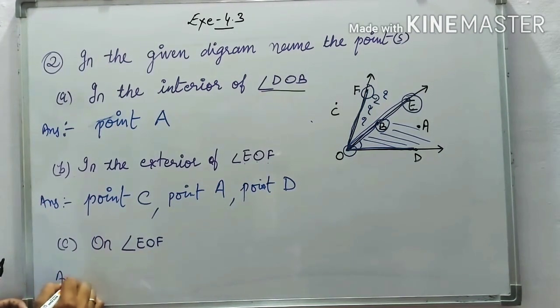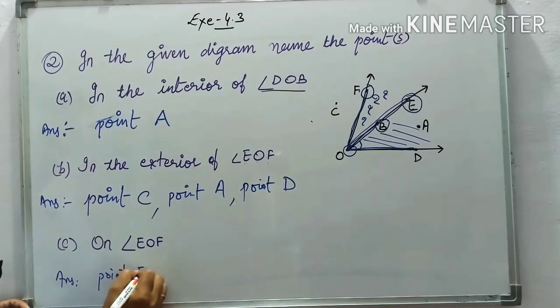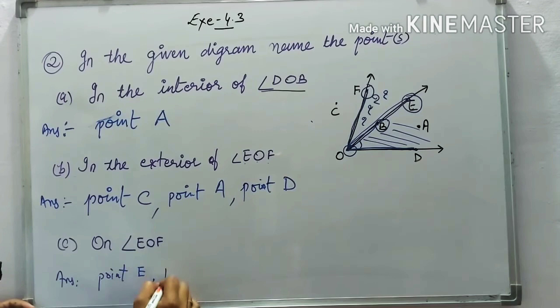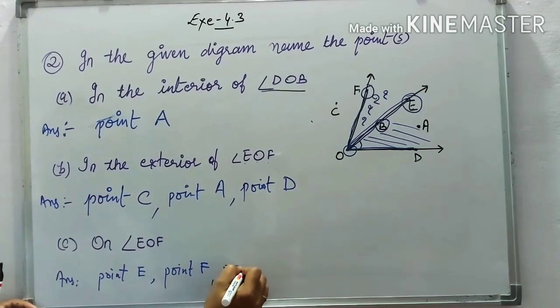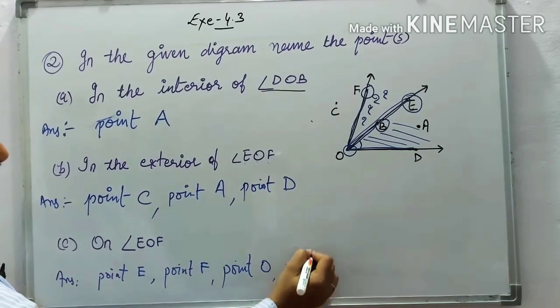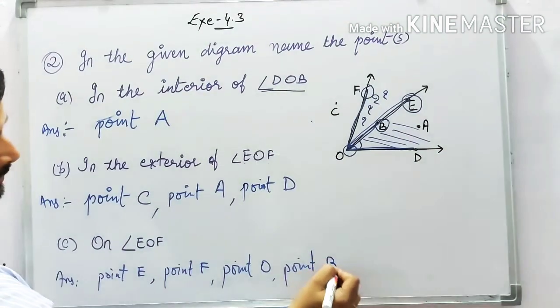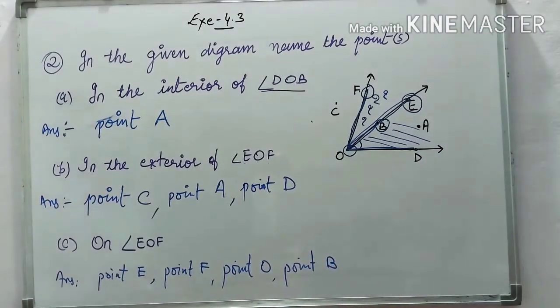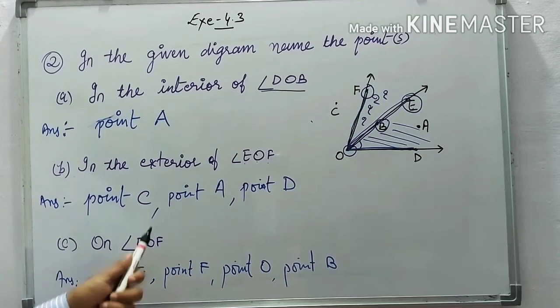So the answer is: first point E, point F, point O, and last point B. That is four points on angle EOF.